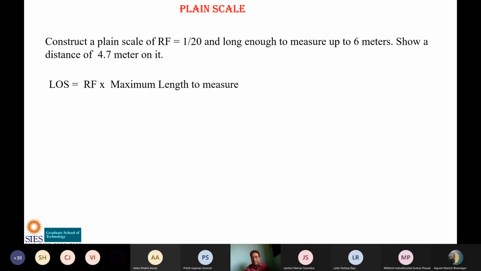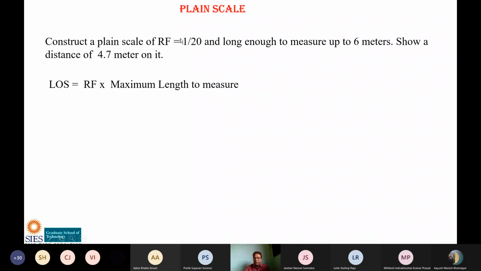No, we generally draw it in centimeter and millimeter. Whenever any dimension is discussed in engineering drawing, it is discussed in terms of millimeter, or when you are drawing anything, it should be drawn in terms of millimeter only. Remember this. So RF is 1 by 20, maximum length is 6 meters.